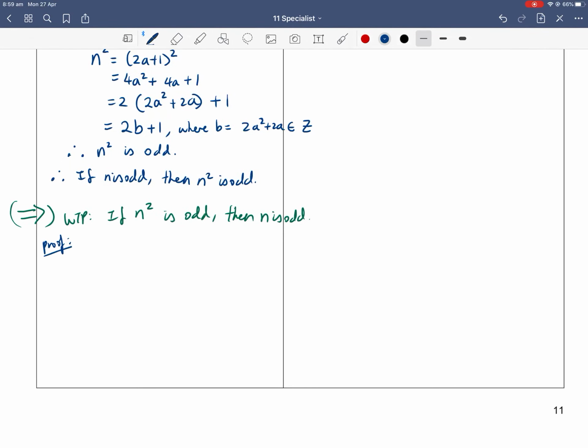All right, so let's prove it. So proof, right. We are assuming n squared is odd because it says if n squared is odd. So suppose that n squared is odd. What does it mean if something is odd? Well, if something is odd, then we can write that number as 2 lots of some integer plus 1, where t is an element of the integers.